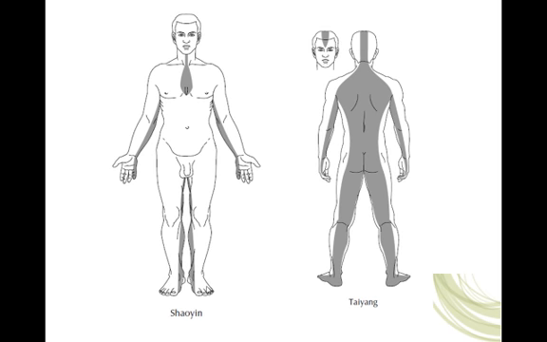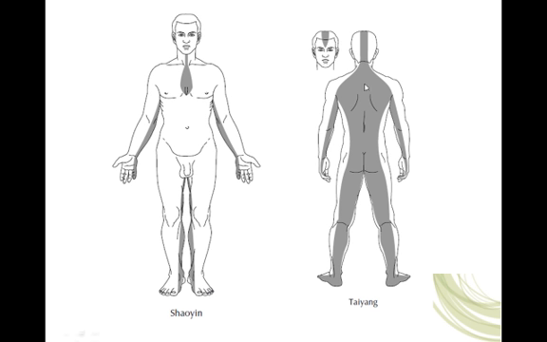On the other side of the upper extremity, if we have our palm up and we run our hand along the anterior medial surface of the upper extremity, that is the Shaoyin area. And just next to it, on the posterior medial surface, is Taiyang, the arm Taiyang.